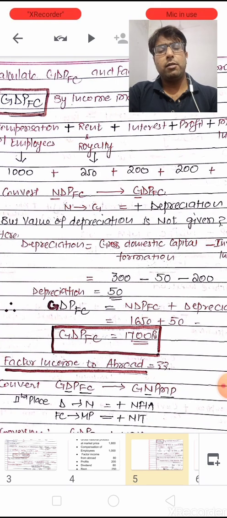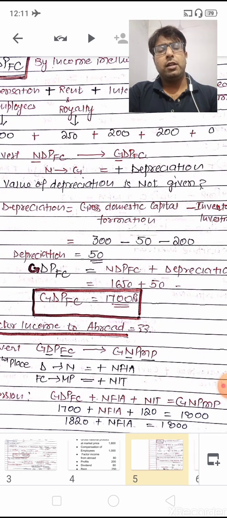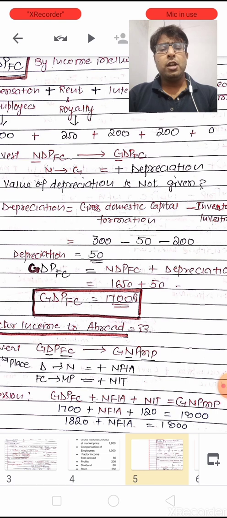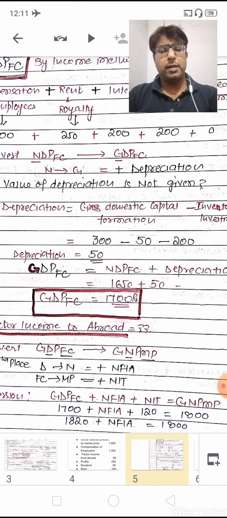Children, we all know very well that gross domestic capital formation is further classified into two categories. The first is gross domestic fixed capital formation and the second is inventory investment. So children, with these subheads we can find out the value of depreciation.